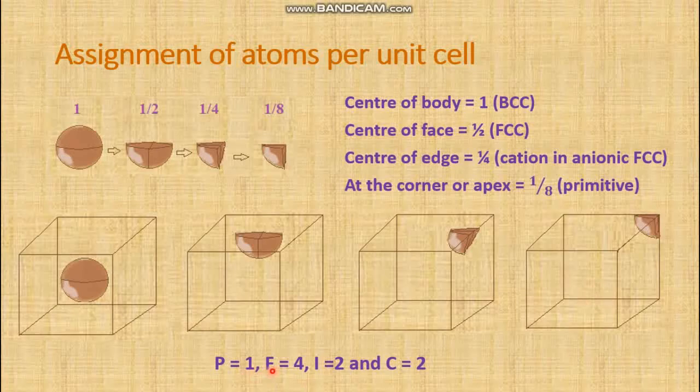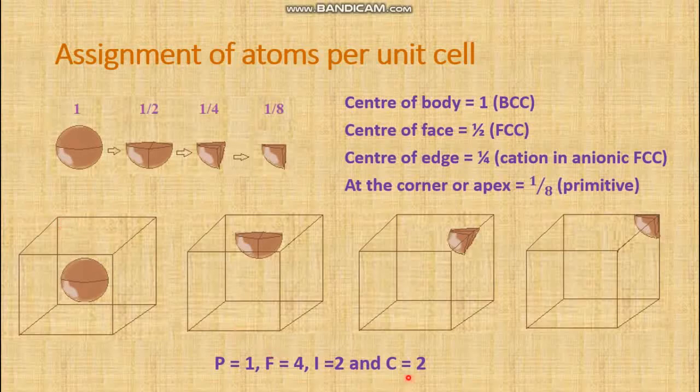In the face-centered cube, 1 is contributed from the vertices and the remaining 3 is contributed from the 6 faces. Each face is contributing half. So 6 faces are contributing 3. So 3 plus 1 is 4. In the body-centered cube, 1 is completely inside and 1 is contributed from the vertices, so 2.